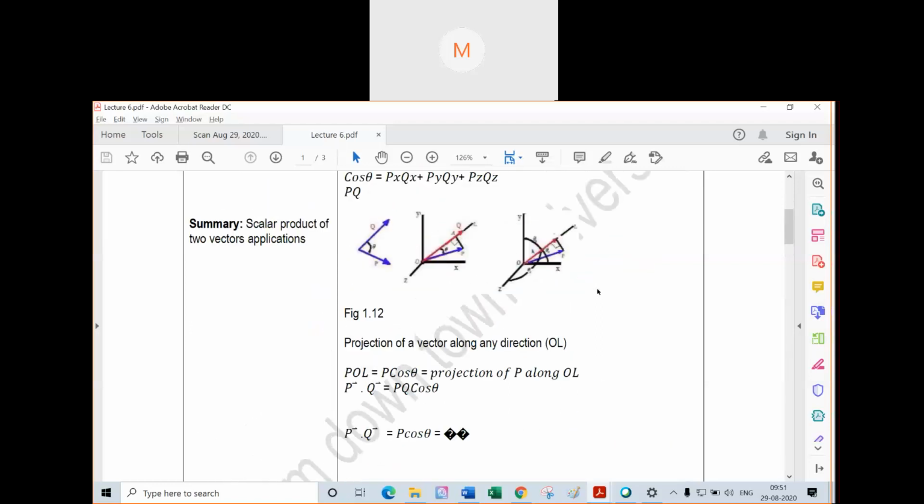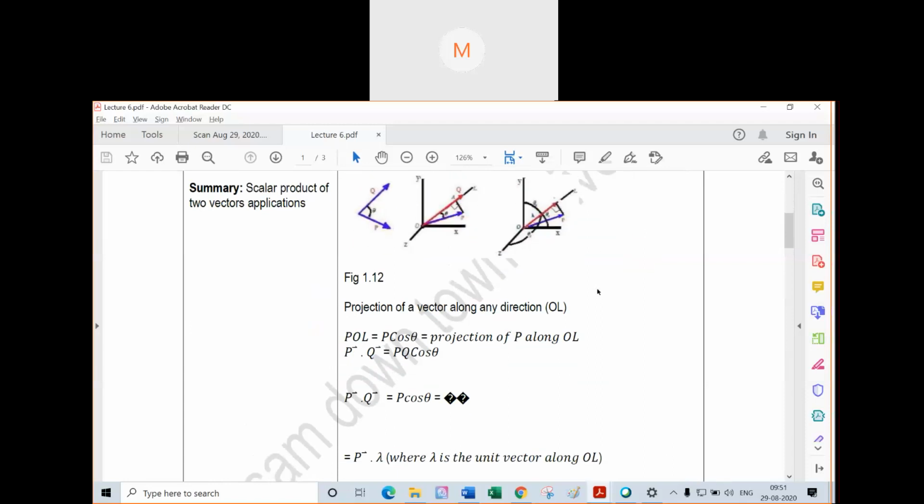So this is how we do the projection of the vector. This is a simple thing. Just remember the expressions. The numericals are much more important.